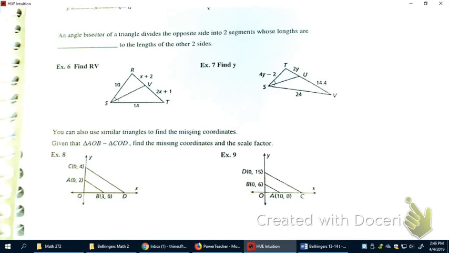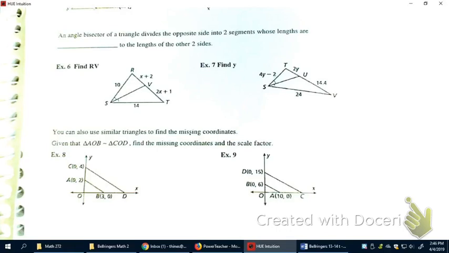Alright, there's some other things that you can do with similar triangles. We've talked about angle bisectors before. And when you have an angle bisector, what it does is it splits the angle into two. If it's a perpendicular bisector, these two parts would be equal. Okay?